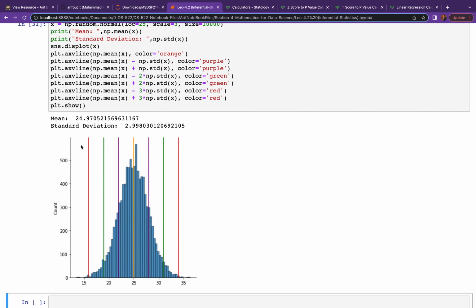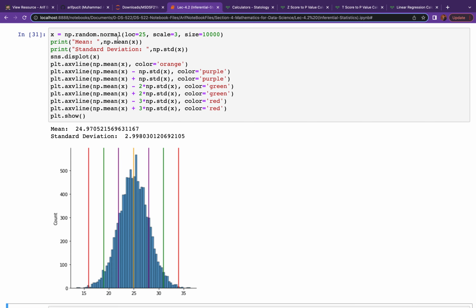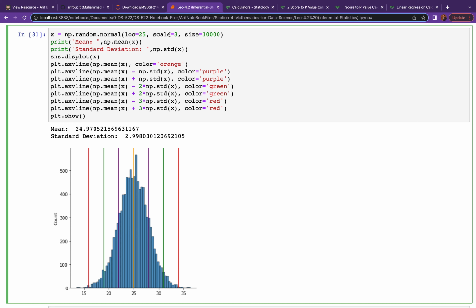Great. So you can see that we requested data having a mean of 25 and a standard deviation of 3, and this is what we have got. This yellow line is the line at which the mean resides. This purple line on both sides is showing the first standard deviation, green the second standard deviation, and this red is the third standard deviation.